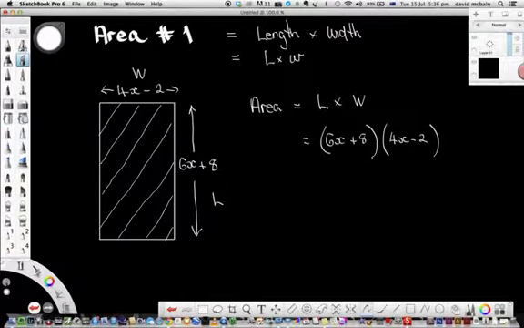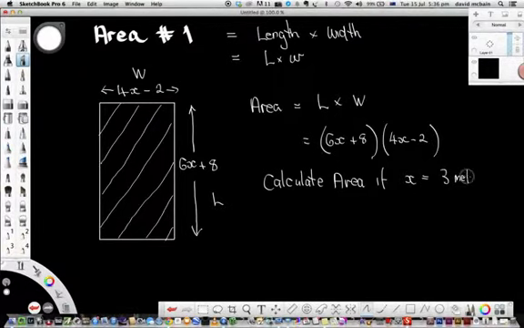Now let's say then we wanted to work out or calculate the area of this shape if x equaled 3. So we want to calculate the area if x had a value of 3, we'll work with meters this time, so 3 meters.